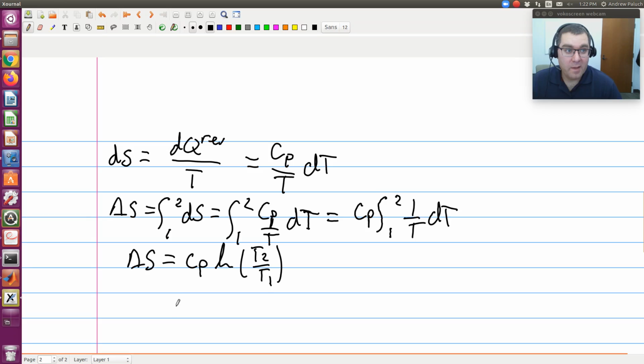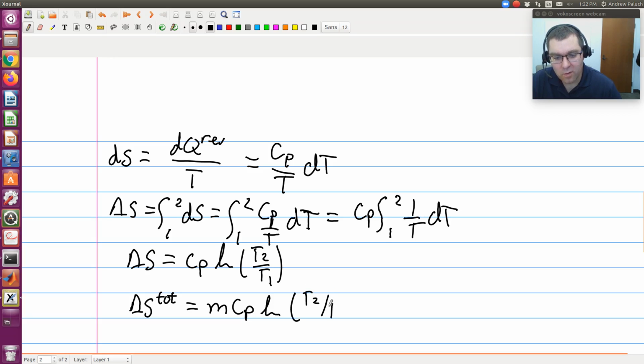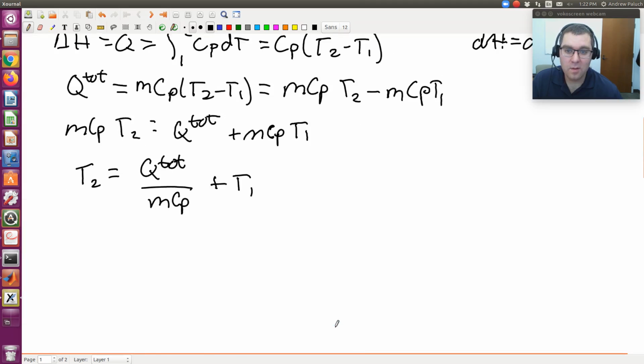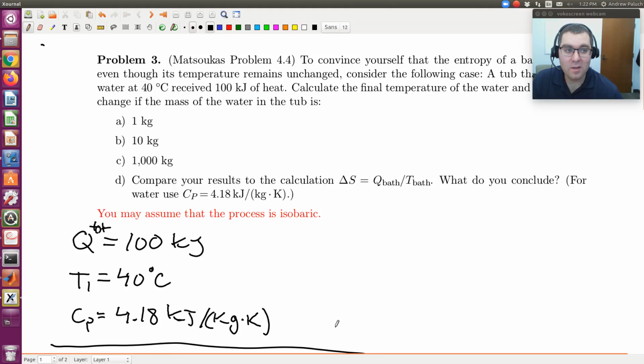Now I'm going to get the extensive entropy because that's what I ultimately want to compare to when we perform our calculation with our bath later on. So delta S total is going to be equal to M times Cp times log T2 over T1. Now let's compute all of this for cases A, B, and C.